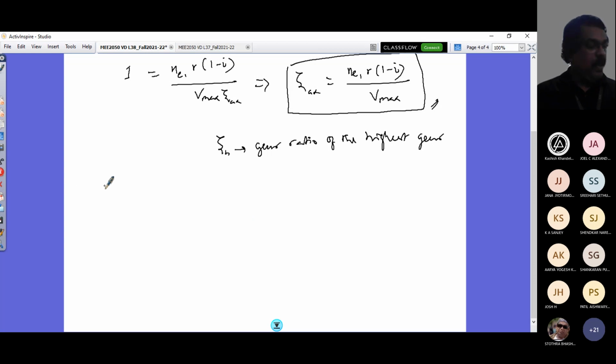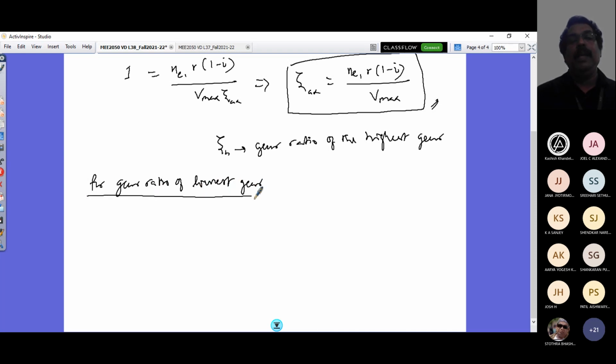So the gear ratio of the lowest gear in the gearbox would be obtained based on W sine theta S max, the maximum slope.